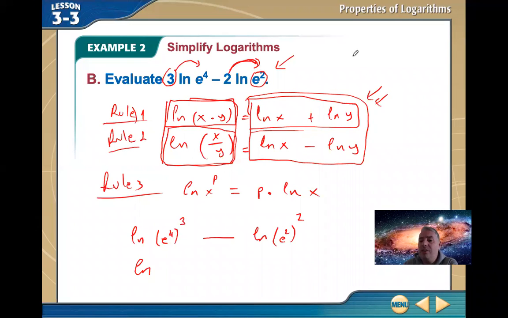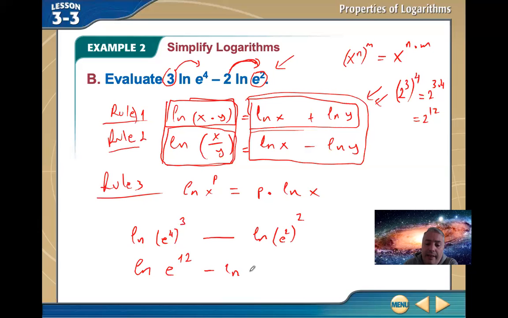Simple exponent rules: x to the power of n to the power of m is n times m. This rule we should know. So this will be ln e to the power of 12 minus ln e to the power of 4.